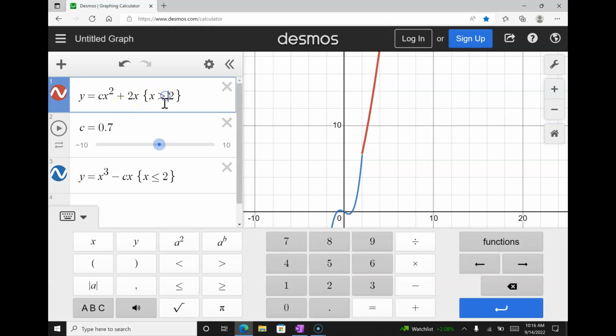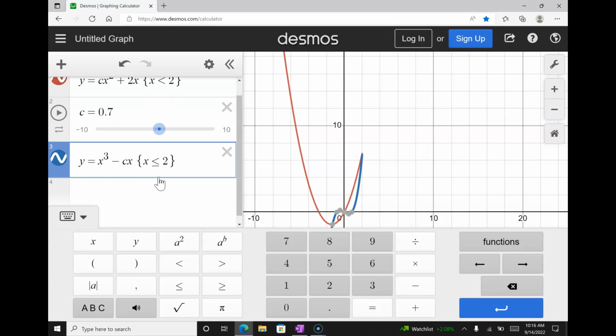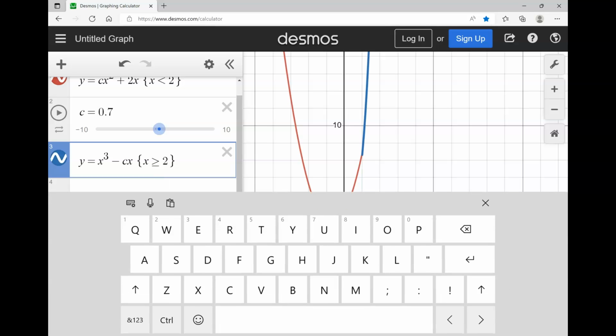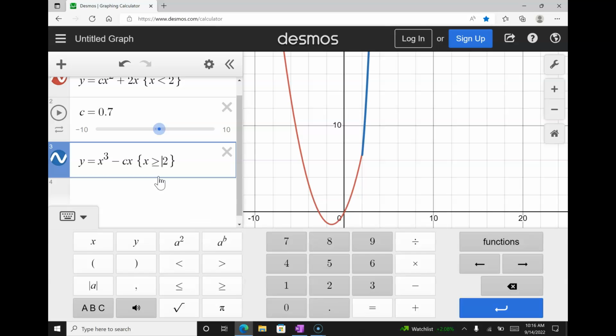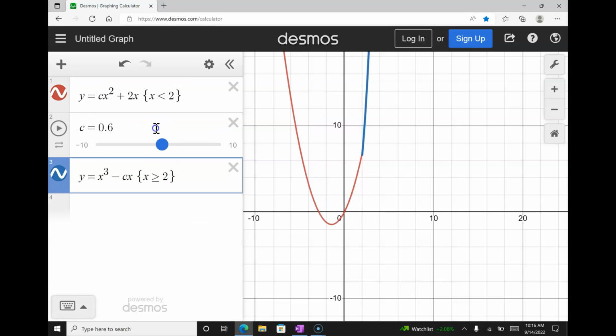Oh yeah, you're right, I switched them, thank you. And then greater than or equal to 2. Sorry, it's just going to switch the two curves. Sorry about that. Still want the same idea, right? I want those guys to match up.